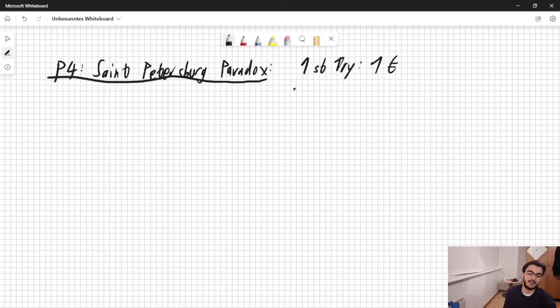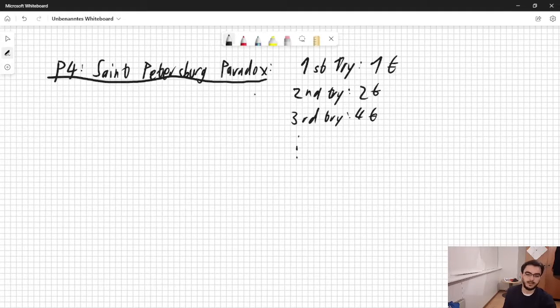If I'm tossing tails, I'm going to repeat the coin toss. If I get a head on the second try, I'm paying you double the amount. And so on. For the third try, you get €4.